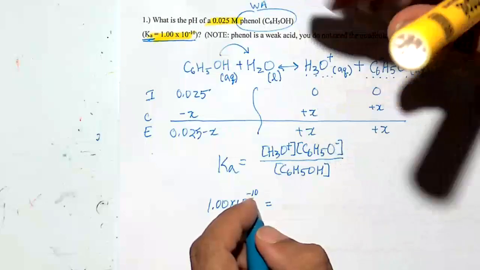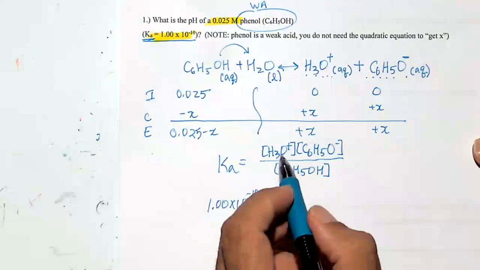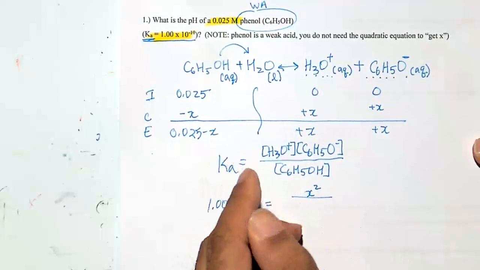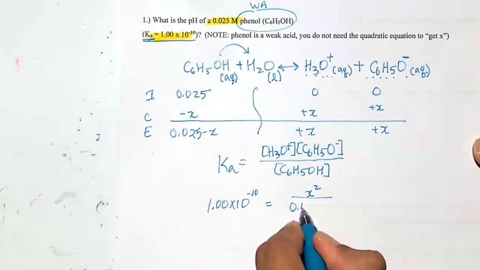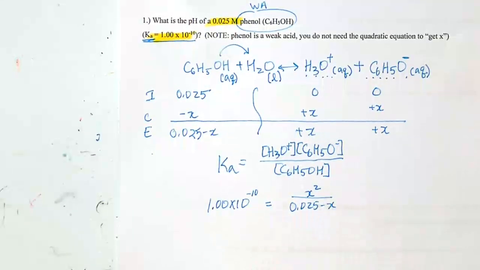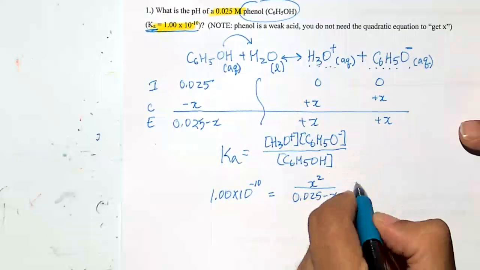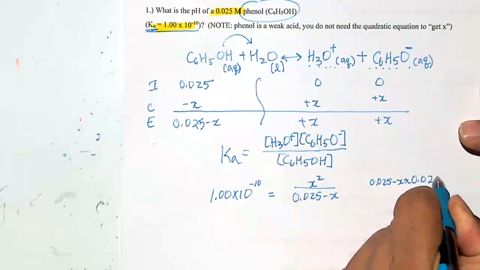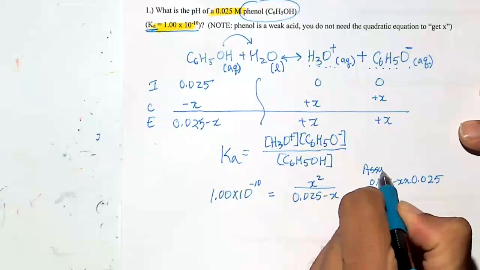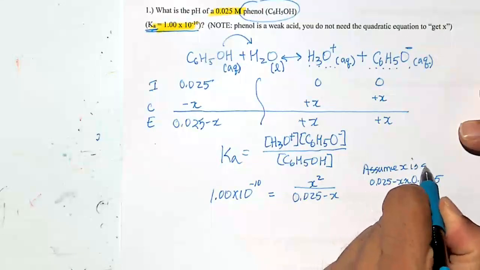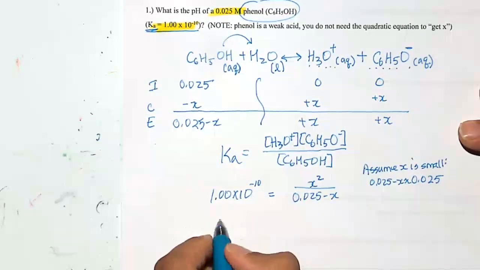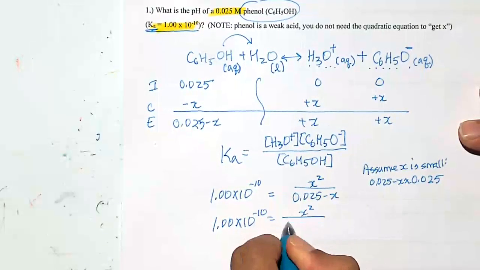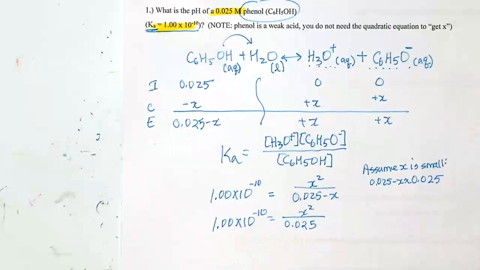You'll get a different acid, but you'll do the exact same math. H3O is x, C6H5O minus is x, times x is x squared, and C6H5OH is 0.025 minus x. You can assume that x is small, so that 0.025 minus x is about 0.025. So 1.00 times 10 to the minus 10 equals x squared divided by 0.025.